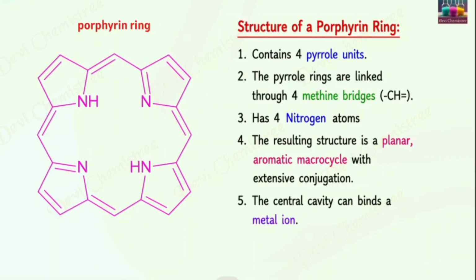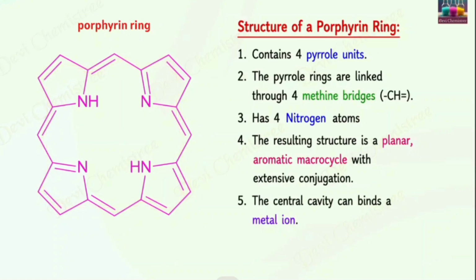But for aromaticity, we don't consider the inner pi electrons. There are 2 pi electrons in this pi bond, and 2 more pi electrons in this pi bond. We don't consider these inner pi electrons. When we look for the aromatic pathway, we only consider the peripheral, that is the outermost double bonds.